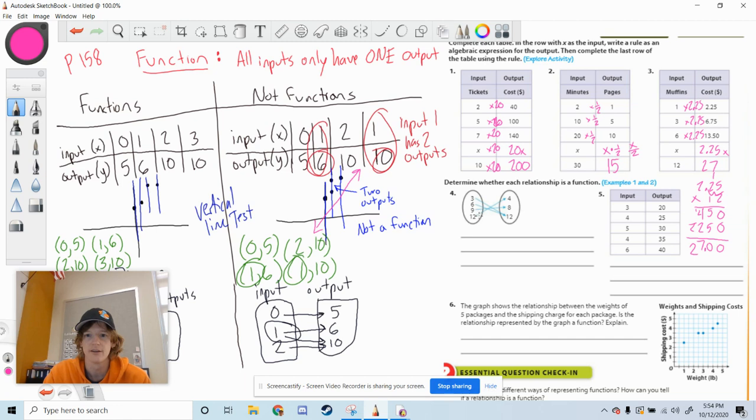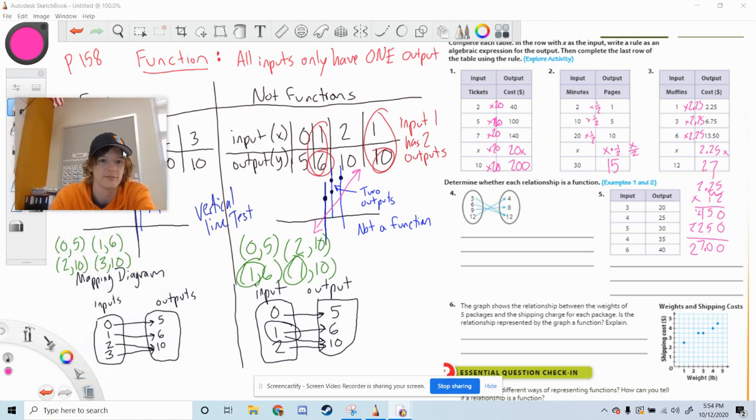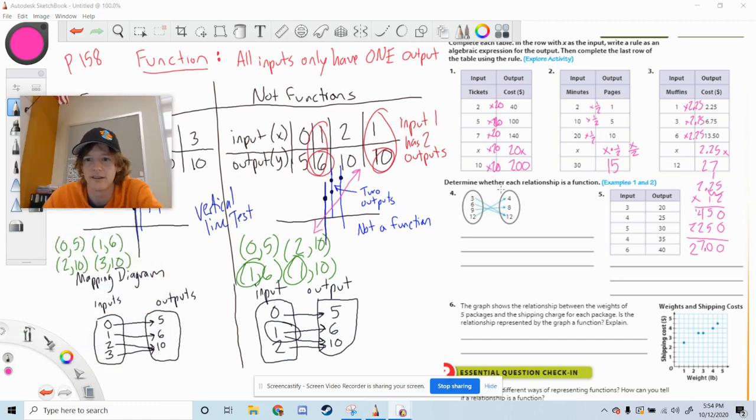All right, number 4 and number 5 and number 6. We need to determine whether these are functions or not. So number 4, I'll move my face here. Number 4 is a mapping diagram. So we need to decide, does every input only have one output? So our first circle is our input, then output. So the input of 3, how many outputs does it have?